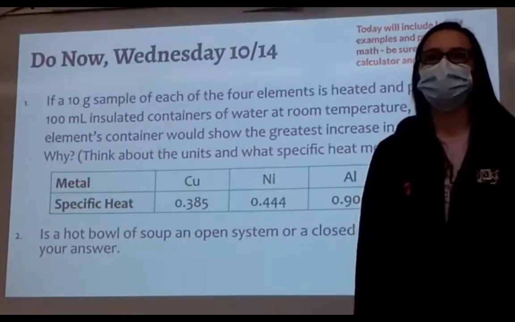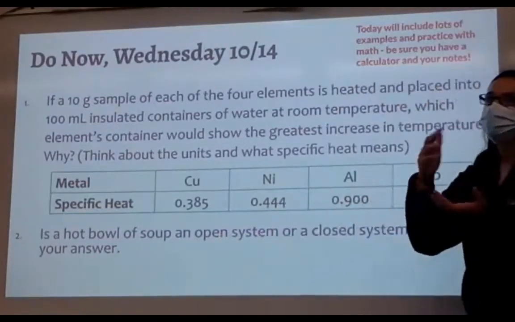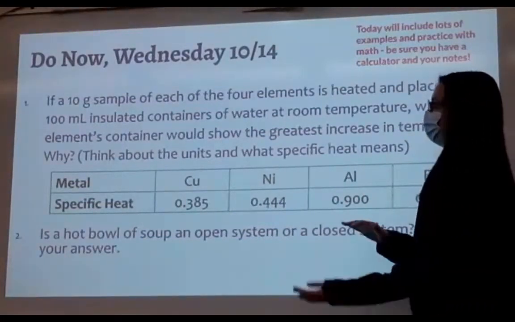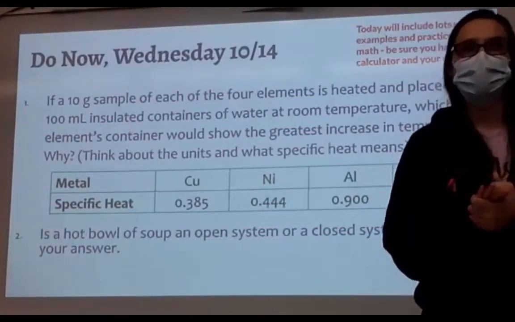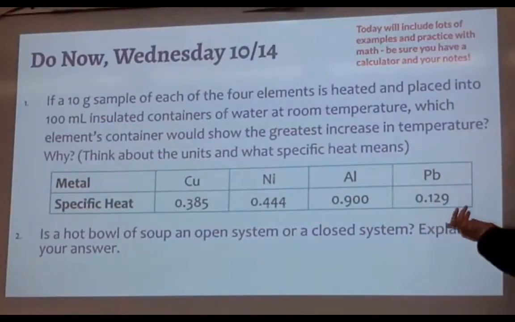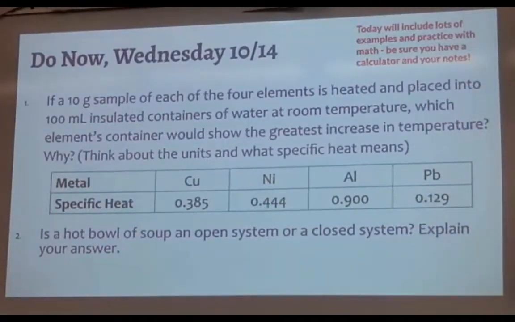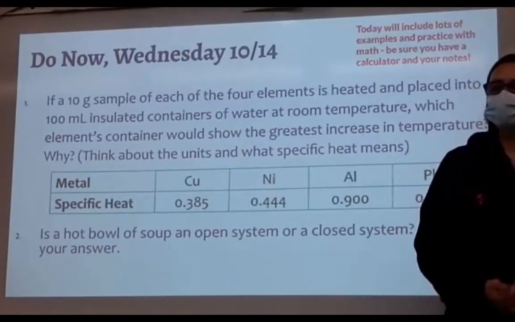It's open, right? An open system is something where heat can escape. A closed system would be if I put a lid on it. If I put a lid on it, heat cannot escape, or it shouldn't escape. So for number 2, it's an open system. Our reason is that the container is open and heat can escape.